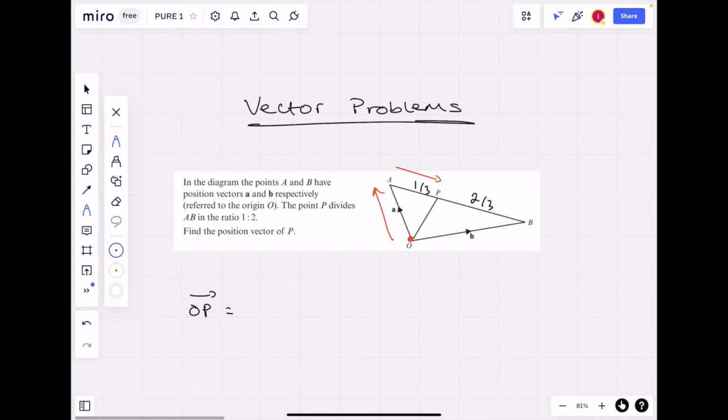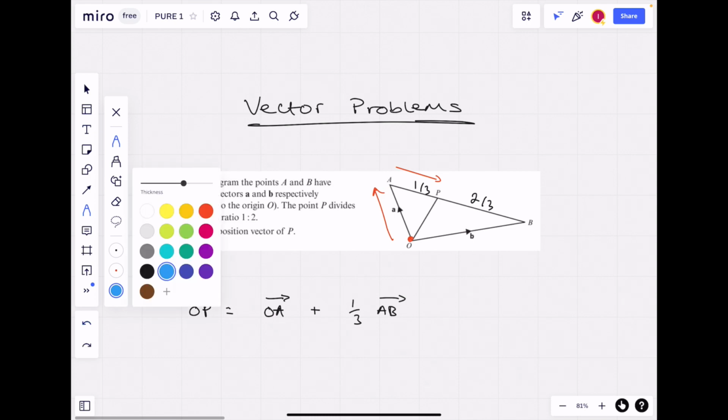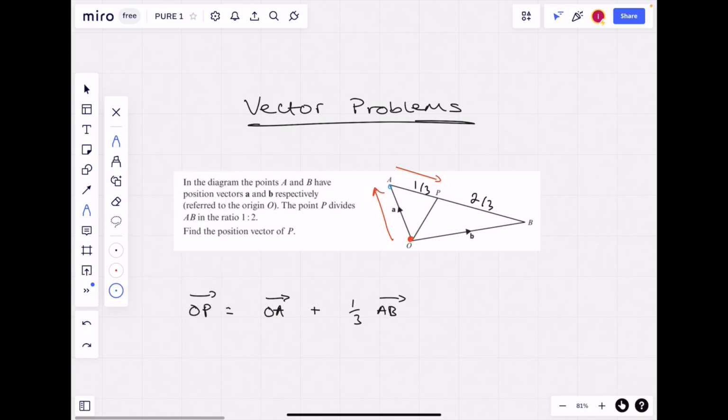So we can go from O to A and we add a third of AB. Now the next question is, how do we work out AB? To work out AB, you can go from A to O and then O to B.